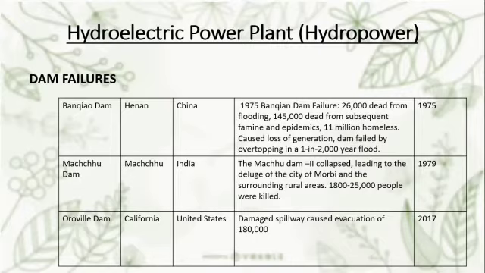Last is Oroville Dam. Ito yung sa California, United States. Damaged spillway caused evacuation of 180,000 in year 2017.